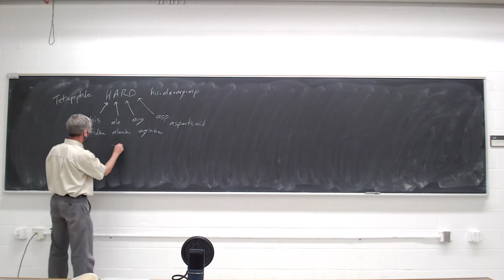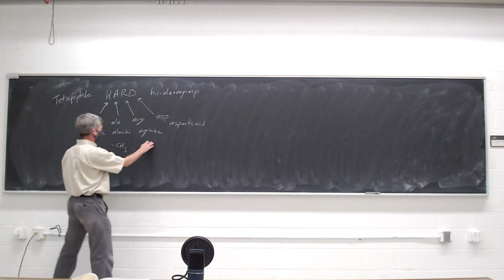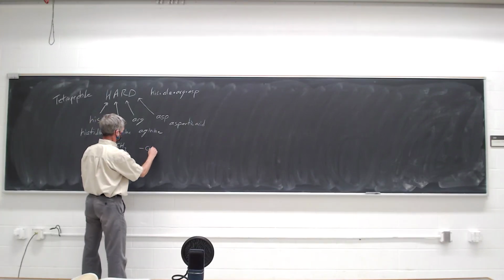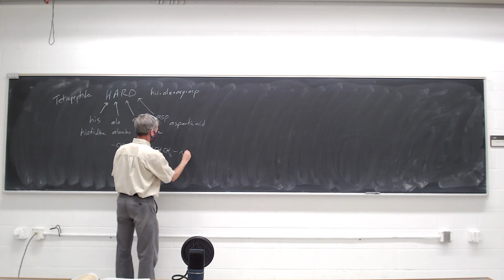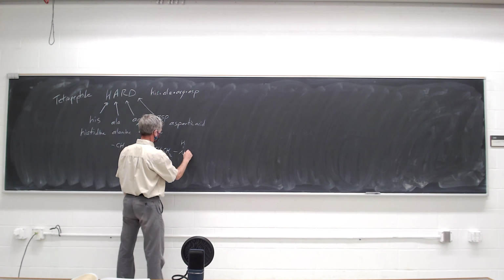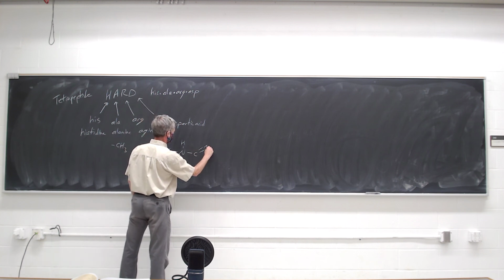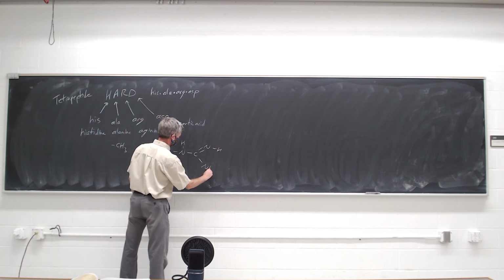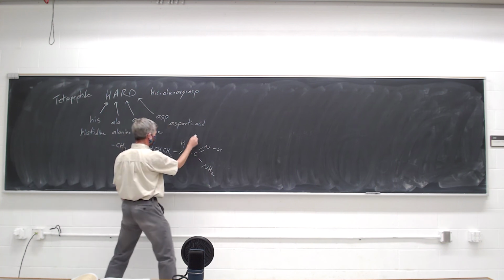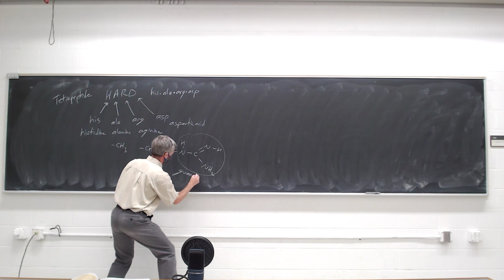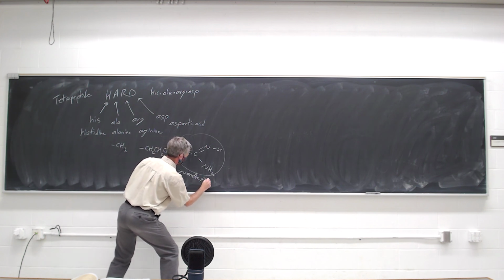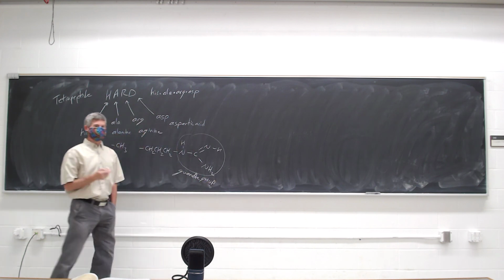Well, we know alanine, CH3. Arginine is one of the more complicated ones. It's got 3 CH2 groups, and then it's got a guanidine group, which is pretty damn basic.